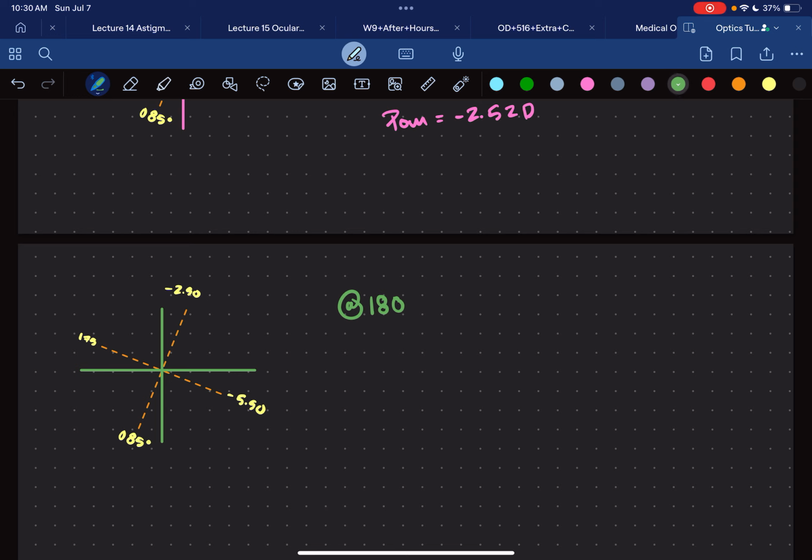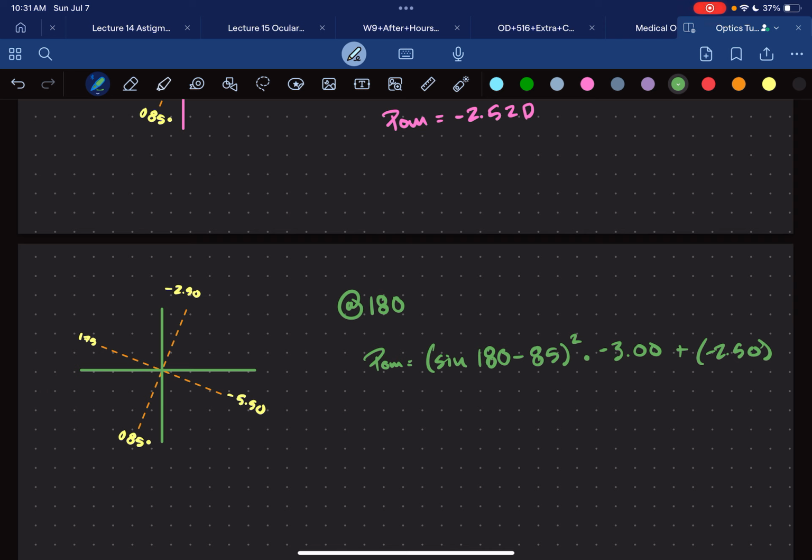So the power equals sine of 180 minus 85, squared, times negative 3, plus negative 2.50. 180 minus 85 is going to be 95.